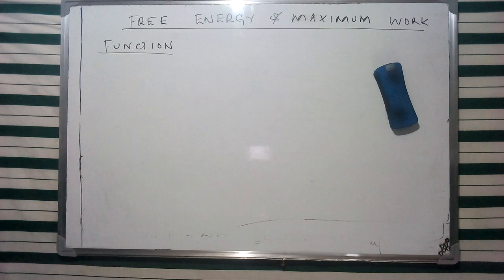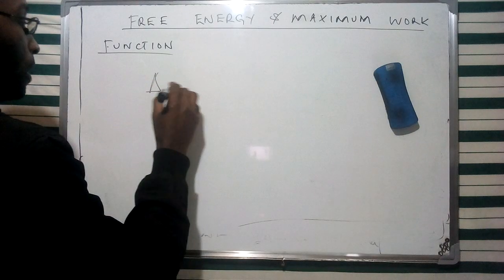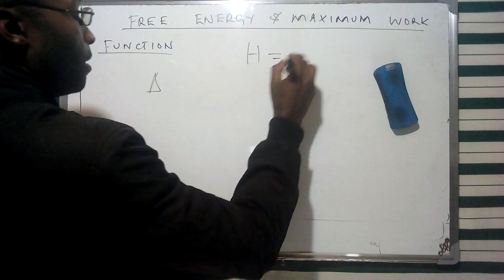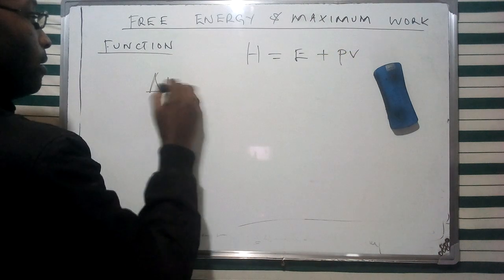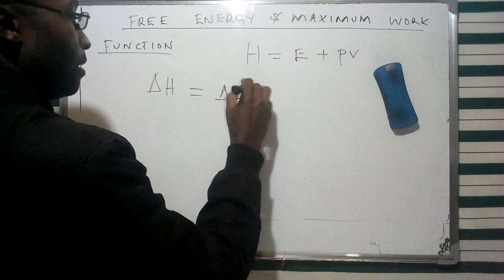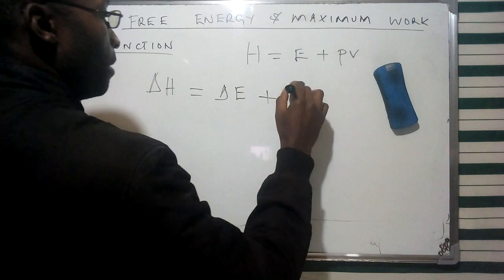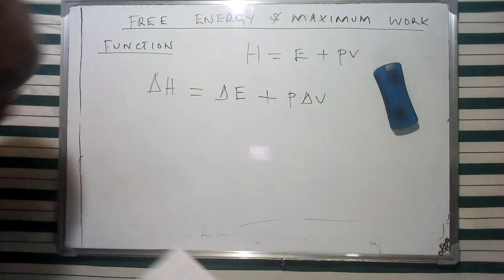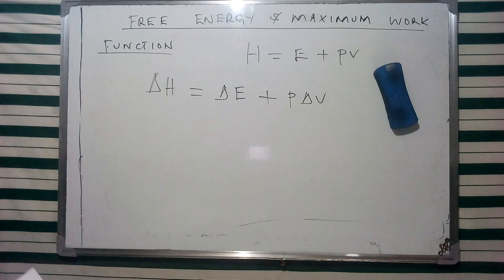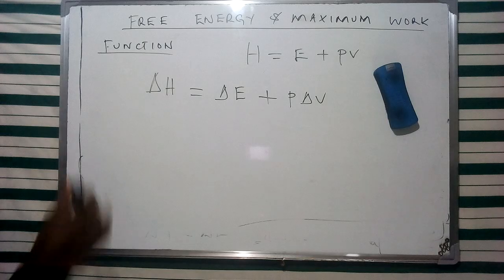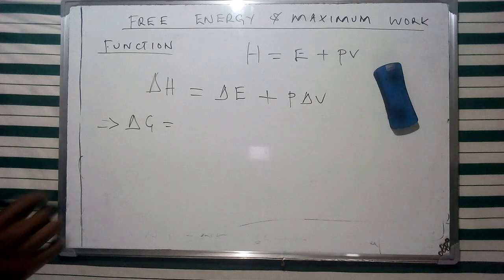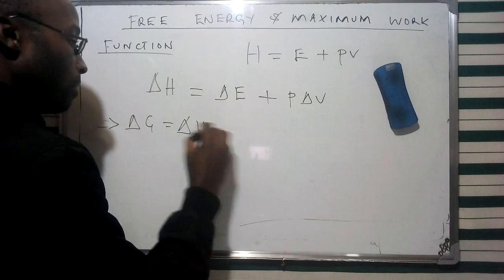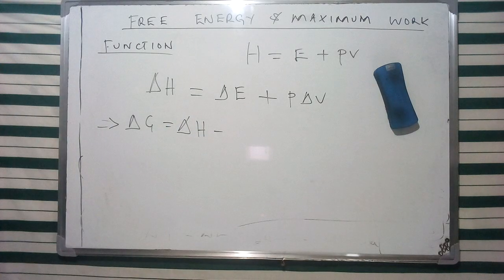So we had said that we can represent enthalpy, which is a state function, as E plus PV. Therefore, the delta H is going to be given as delta E plus P delta V. And from the representation of our Gibbs free energy, we had said that this one can be given in terms of a delta H, which is H1 minus H2 as I've given in our previous discussion.